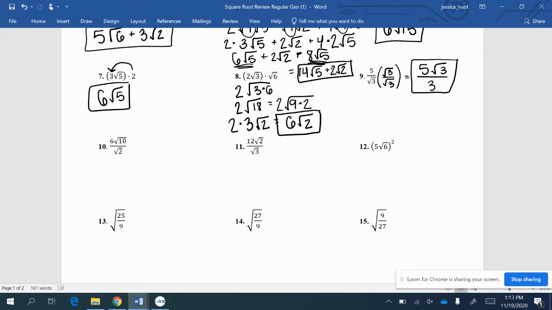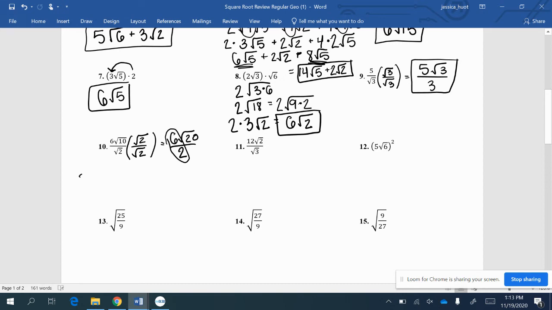Number 10, again, multiply by the denominator, so square root of 2 all over square root of 2. Make sure you're multiplying the inside of our square roots, so 6 times the square root of 20 over 2. You can divide here on the outside. So if those two numbers are divisible, you can divide them.